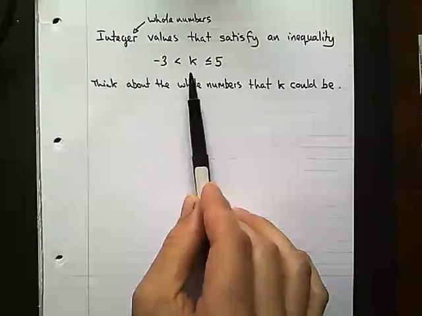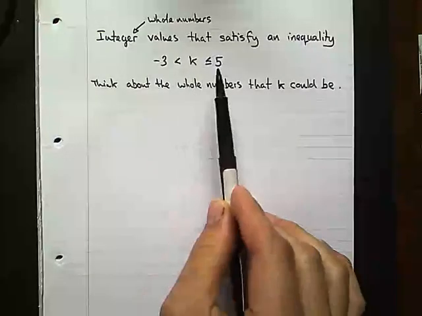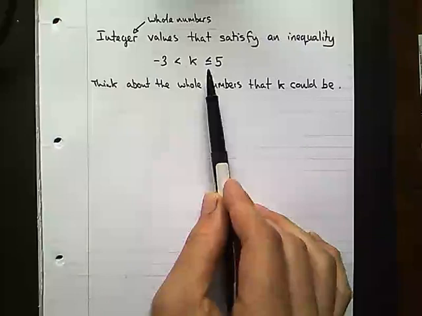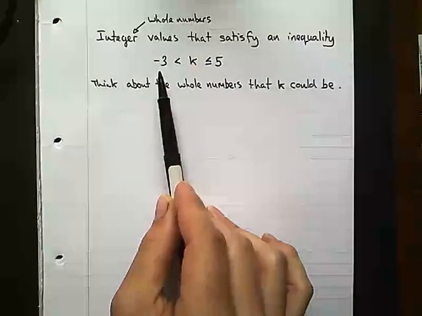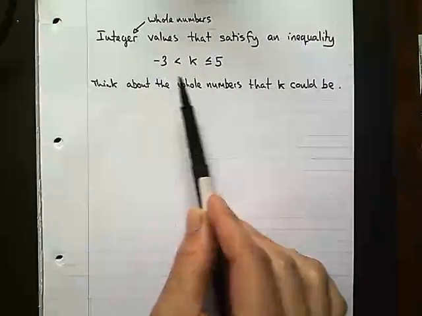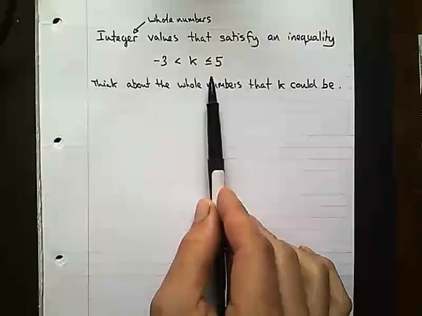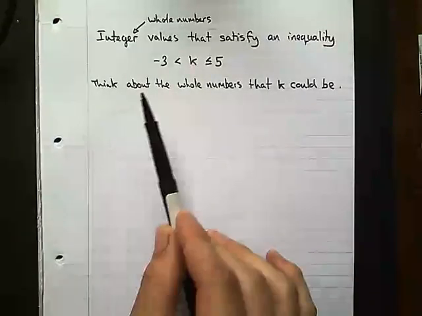So this inequality tells me that k must be less than or equal to 5, but greater than -3, because all the numbers less than or equal to 5 go down way smaller than -3.